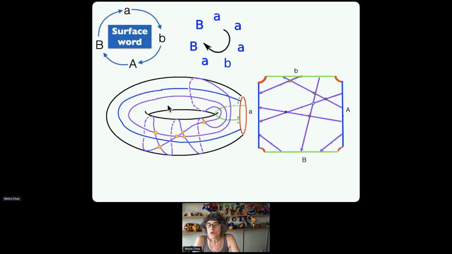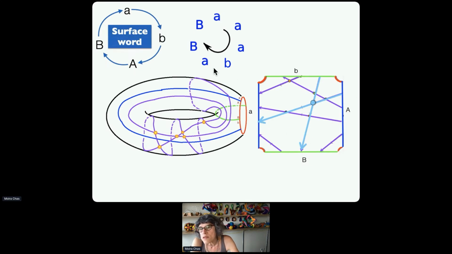Now we're going to use the words to study the self-intersections. So I have this curve in the torus, and I'm going to study one intersection point here. And I ask myself, why is this point here? Well, because it's in this piece of curve and this piece of curve.